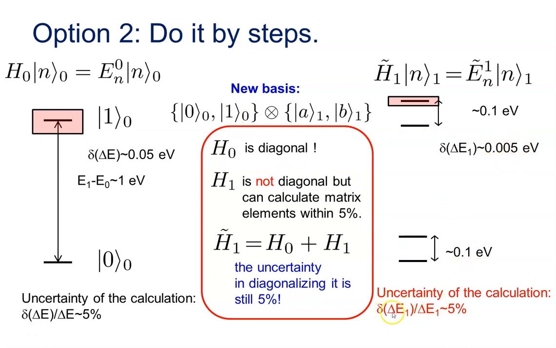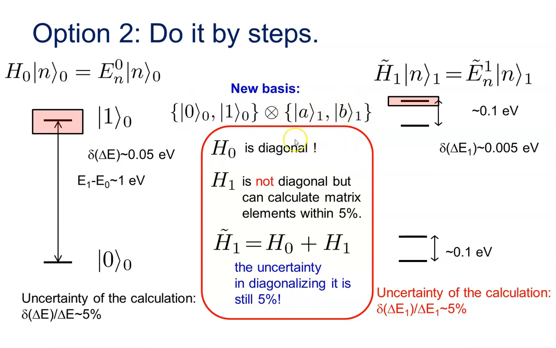Okay, and now your uncertainty of the calculation is still 5%. So you can keep doing that. Right now you diagonalize H1 tilde, so you can use those states to construct the basis for H2, essentially doing this cross product between the bases of the previous Hamiltonian that you diagonalized and the new one.